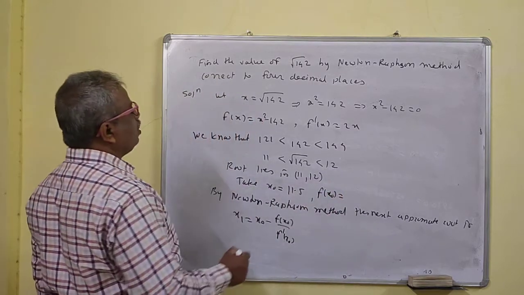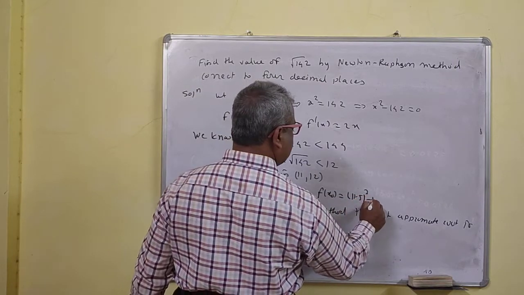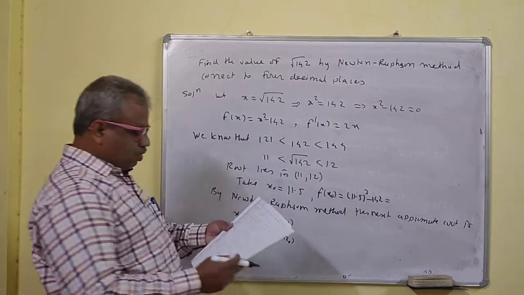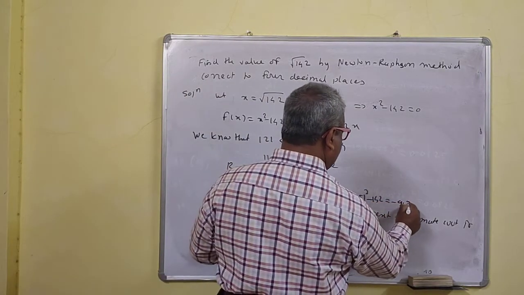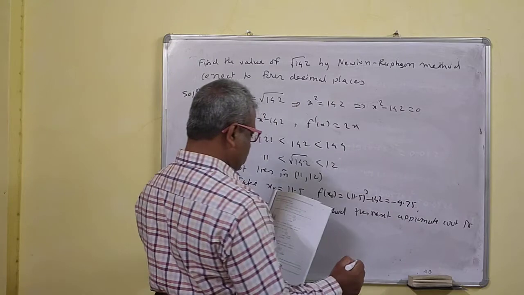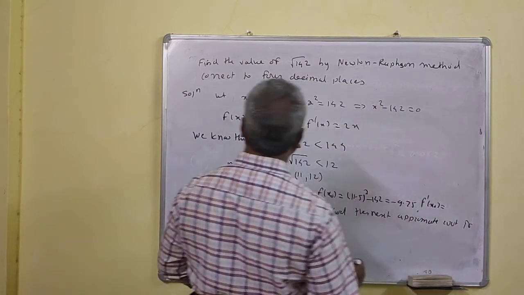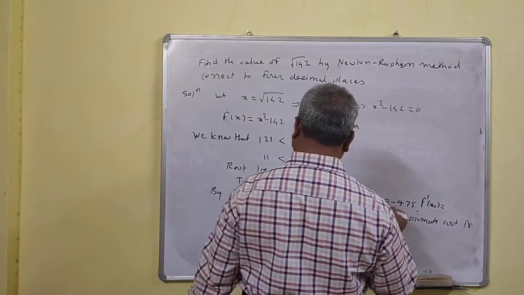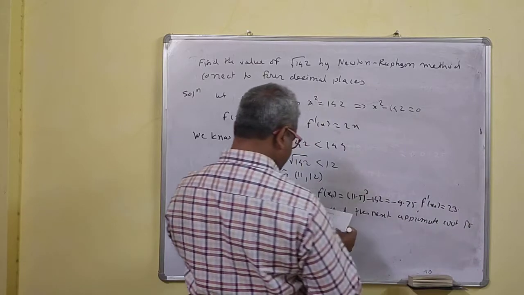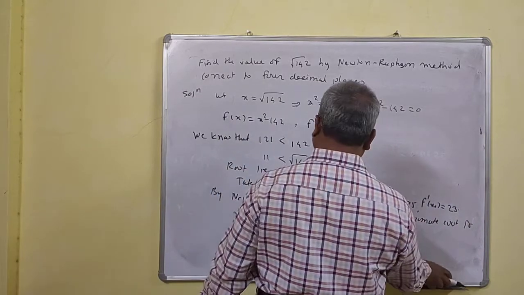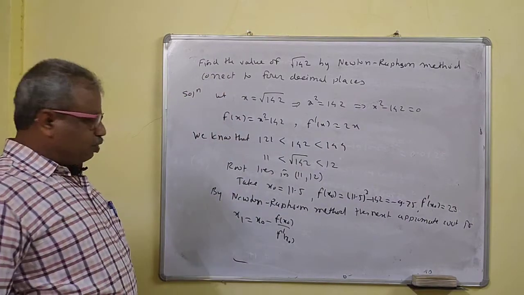So what is f of x naught? The initial root is 11.5, so 11.5 squared minus 142, which is minus 9.75. And f prime x naught is twice of that, 11.5 doubled, which is 23.